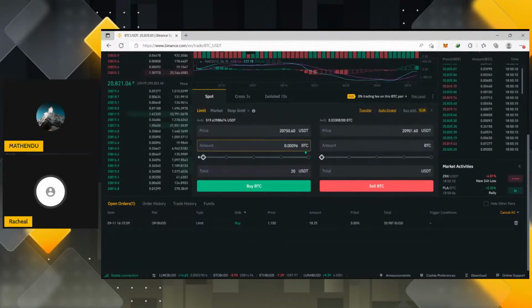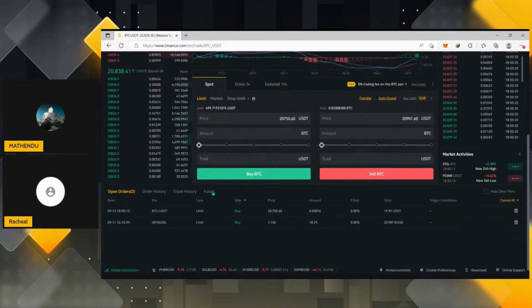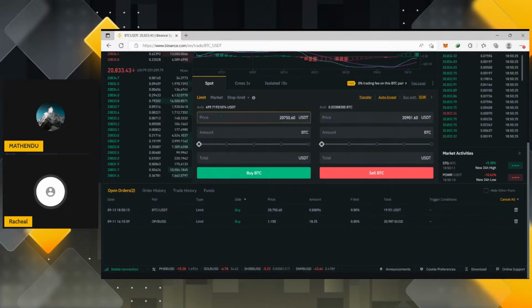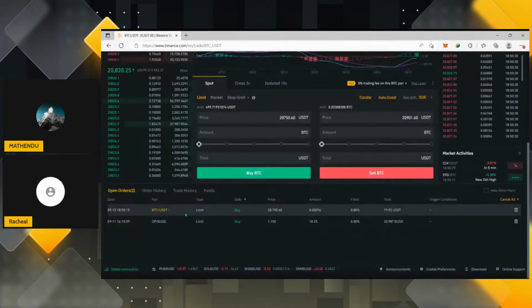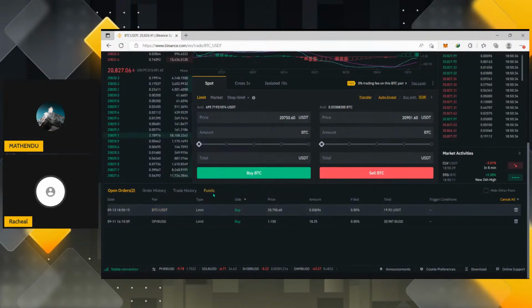When I put $20, it's going to show me exactly how much BTC I'm going to get and the price, and then I click buy BTC. So in this case, the limit buy order has been created. Remember, for markets, the order is filled instantly. For limit, the order is just created, meaning that you're in line. Your order is now in the order book.